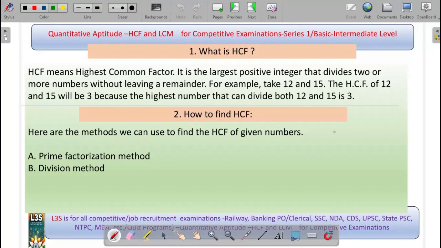So if we take 12 and another number 15, the numbers which can divide 12 are 2, then 3, then 4, then 6.